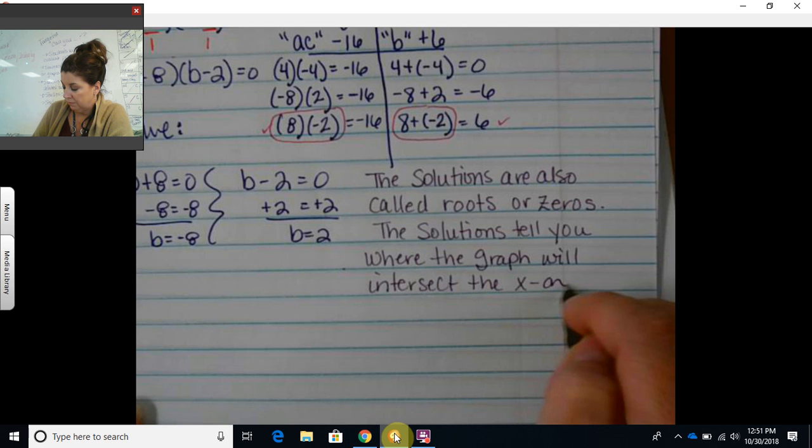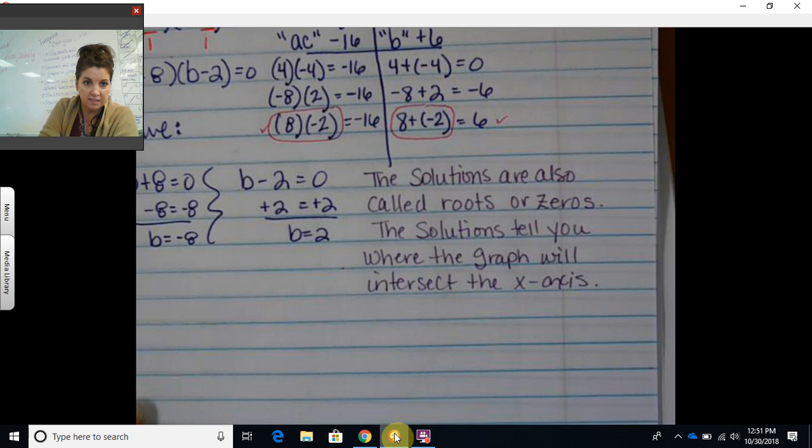And I also said the solutions tell you where the graph will intersect the x-axis.